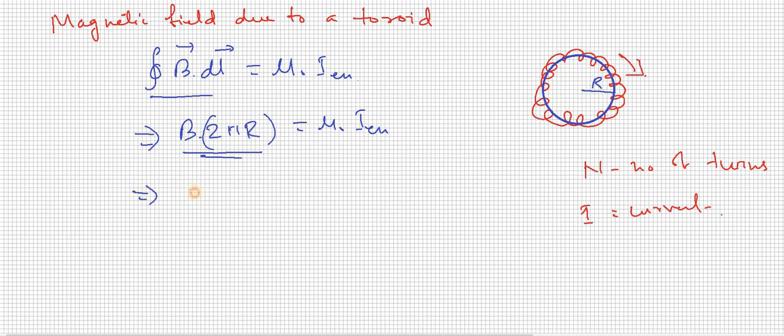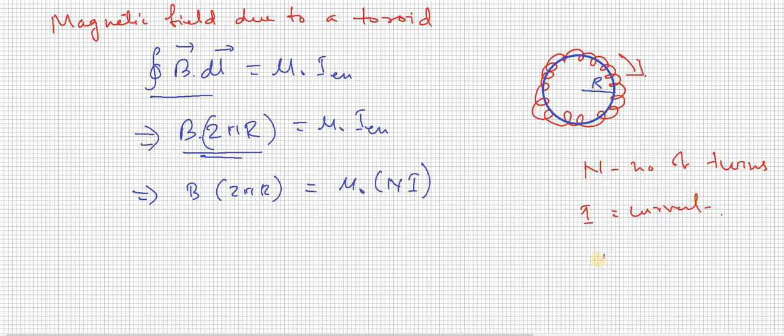Again, the total current enclosed is nothing but the total number of turns multiplied by the current in each turn.